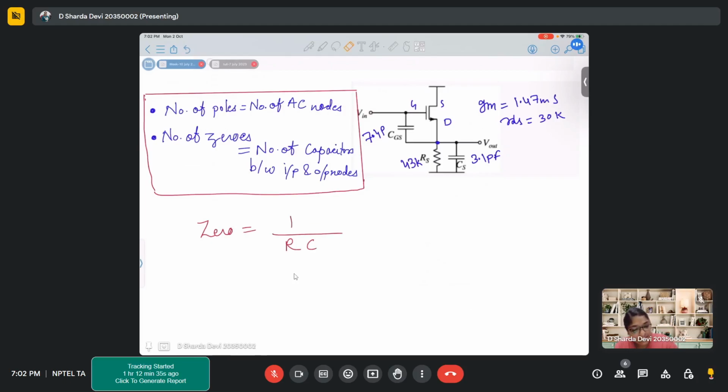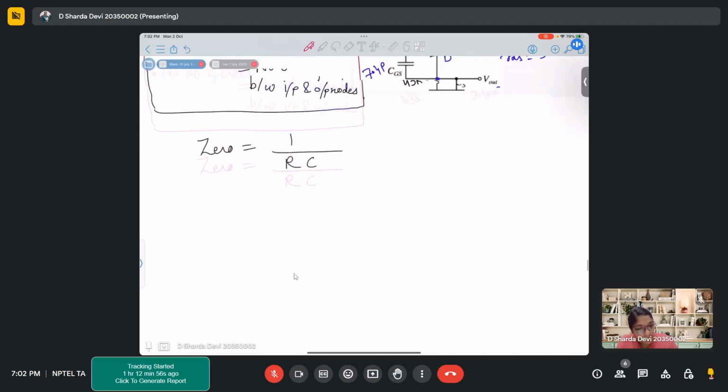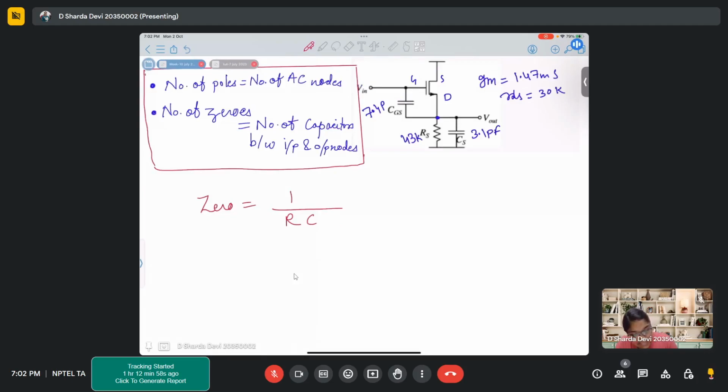So here at the input node, what is the input resistance and what is the input capacitance? That will give us the zero value. Between your input and output, the capacitance that you have is CGS. Now what about R? What is the R that you see over here?